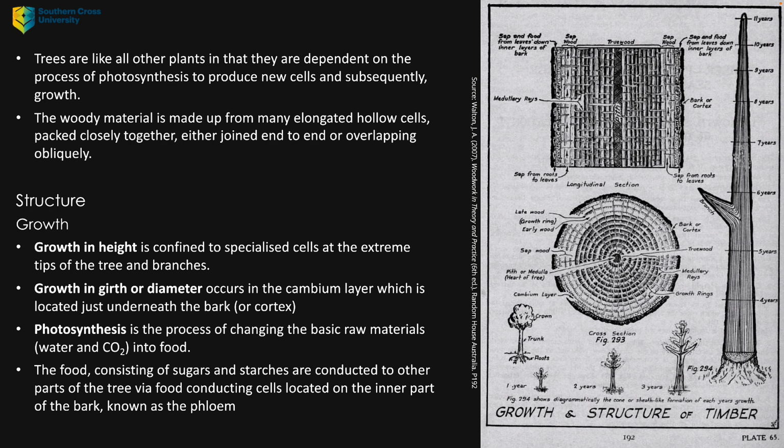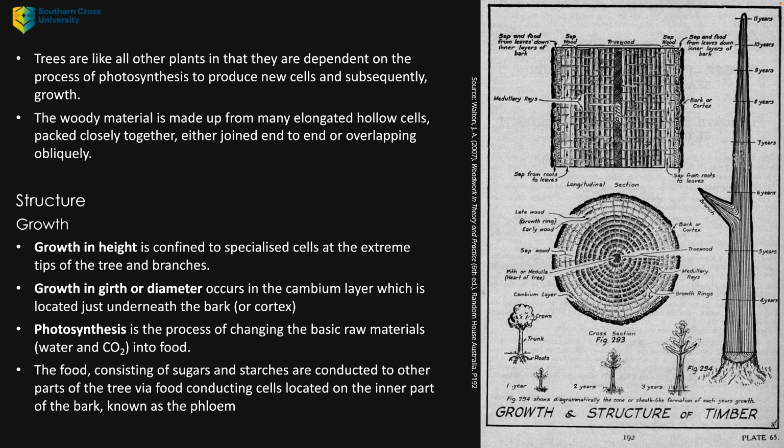So that means that like any living thing that's made up of cells, so are trees. So the woody material in trees is made up from many elongated hollow cells packed closely together. And they're either joined end to end or they overlap slightly, obliquely. The structure of trees.